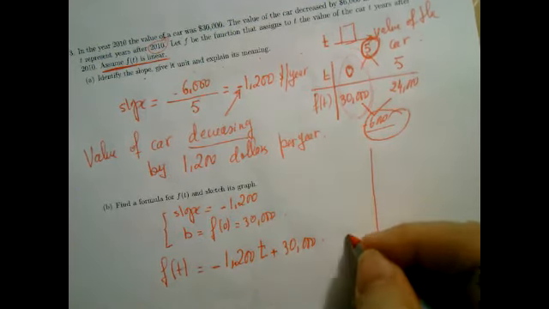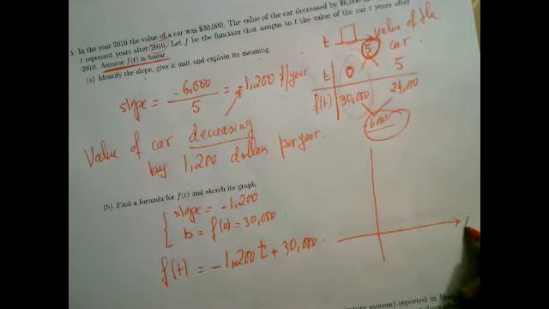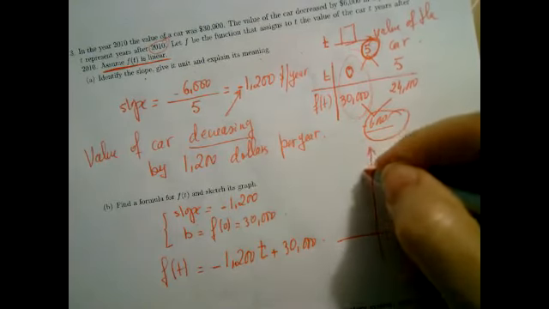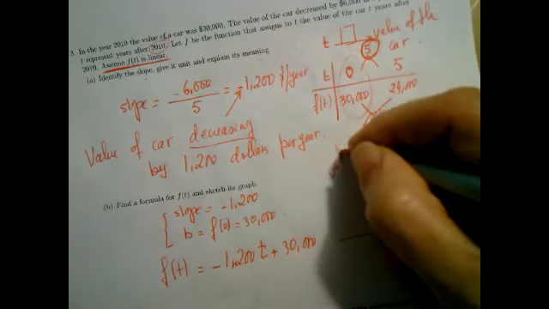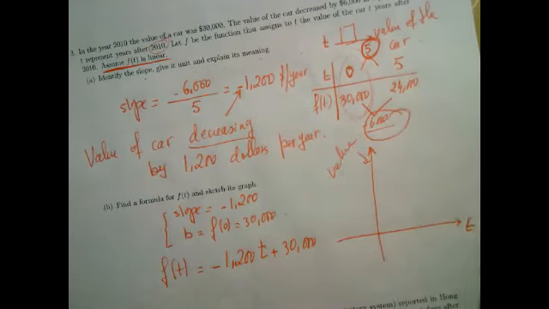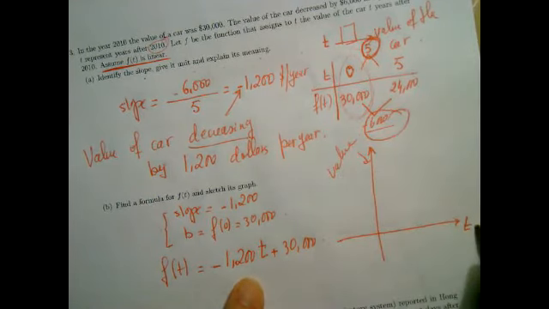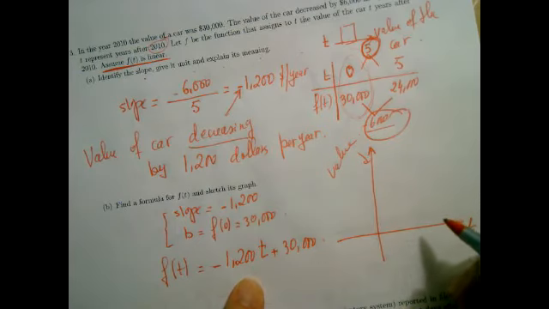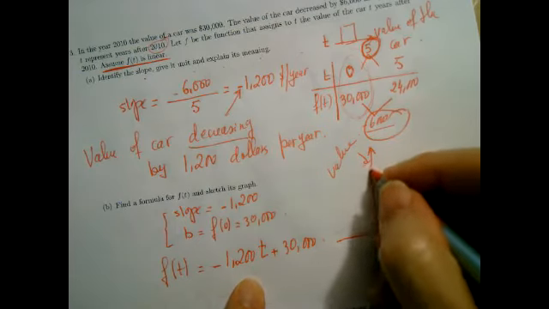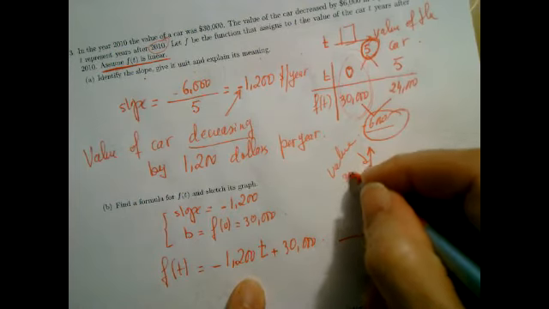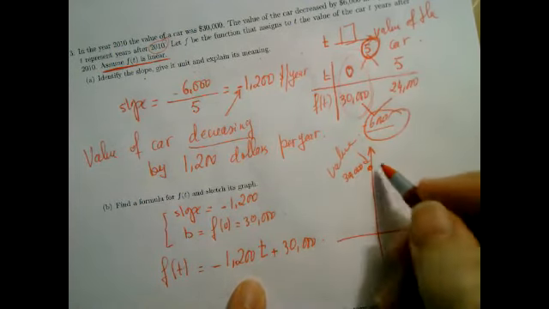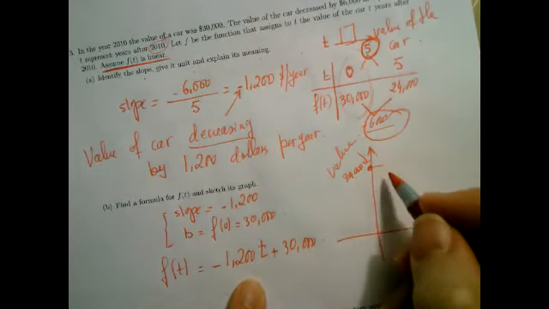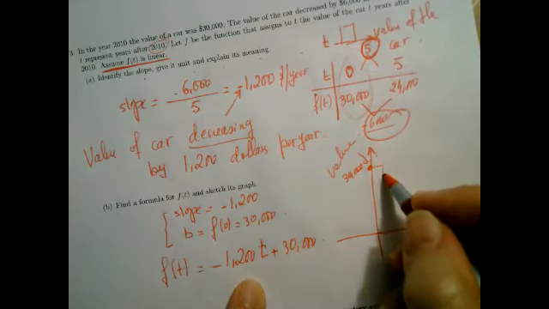Graphing, again: time, value of the car. So here, the value of the car, and here, the input, time in years. And then 30,000. So we're going to put it right there. And every year, it's going down by 1,200.